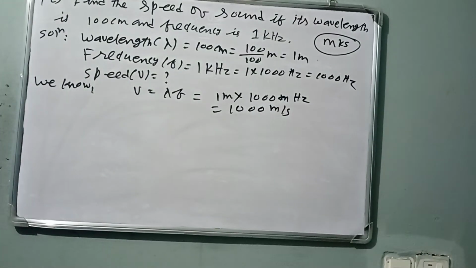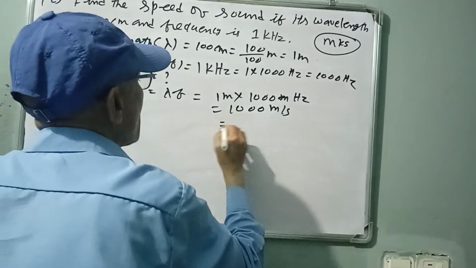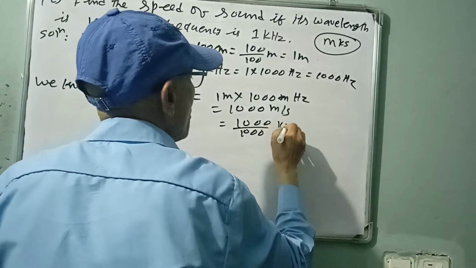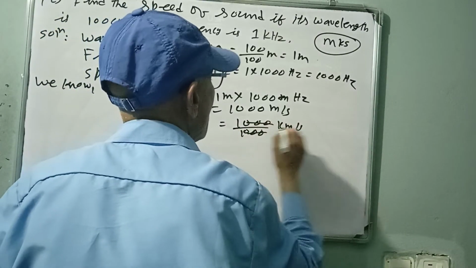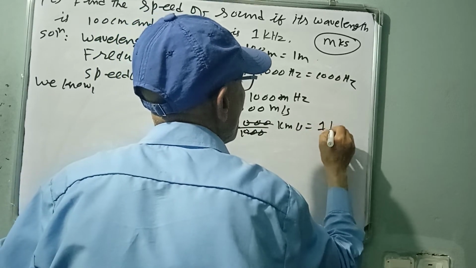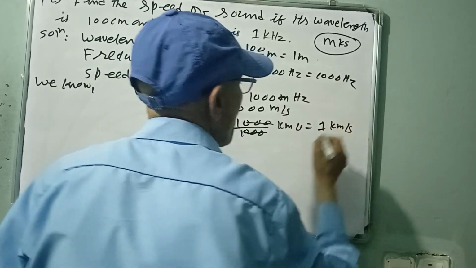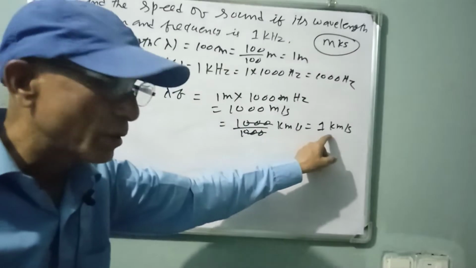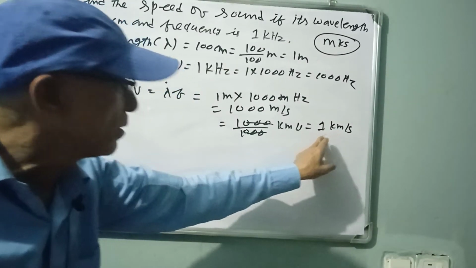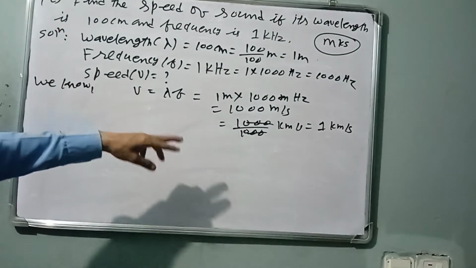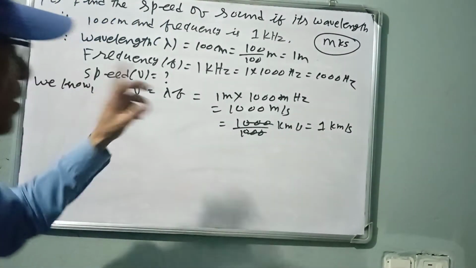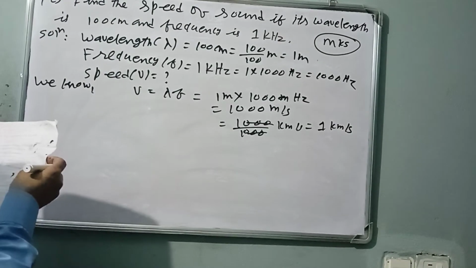Since it is 1000, you can change into kilometer per second. The speed is 1 kilometer per second. In 1 second, the wave travels 1 kilometer.